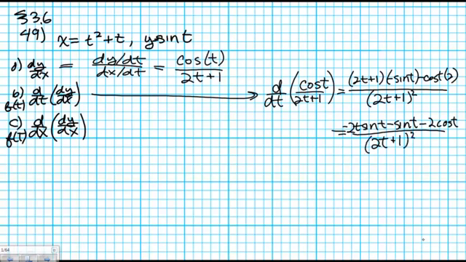I think in the book they left sine t out. They didn't distribute it, they just left it as negative (2t plus 1) sine t. But it's the same thing. Okay, I can deal with that. All right, are we satisfied with B?